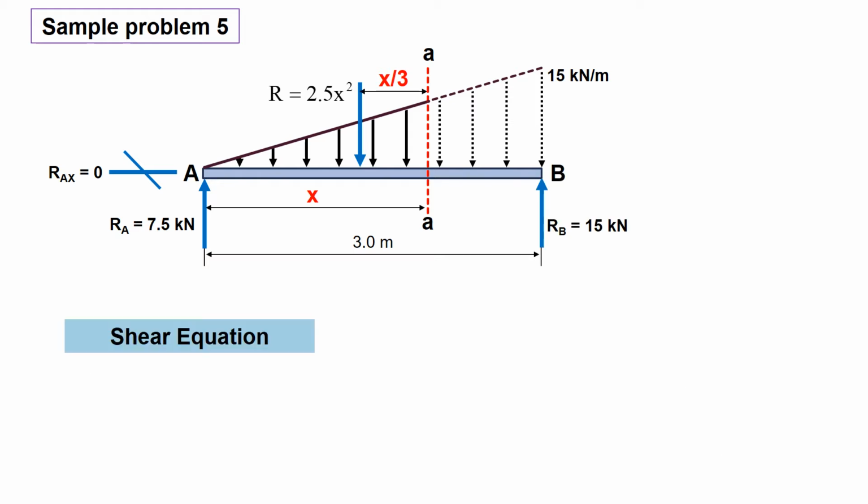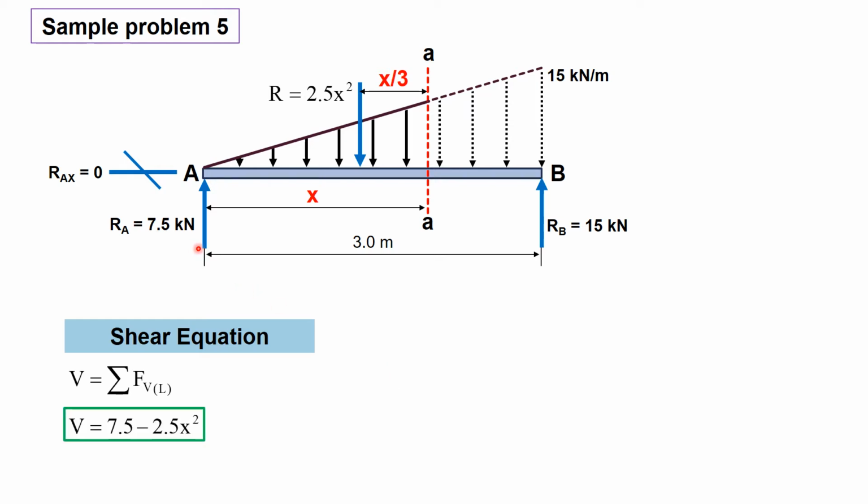Now, for the shear equation, we will sum up all the vertical forces to the left of the imaginary cutting plane, or yung nasakop nito. And we have this vertical force RA and this R, which is 2.5x squared. So we will just sum up, considering their directions also.